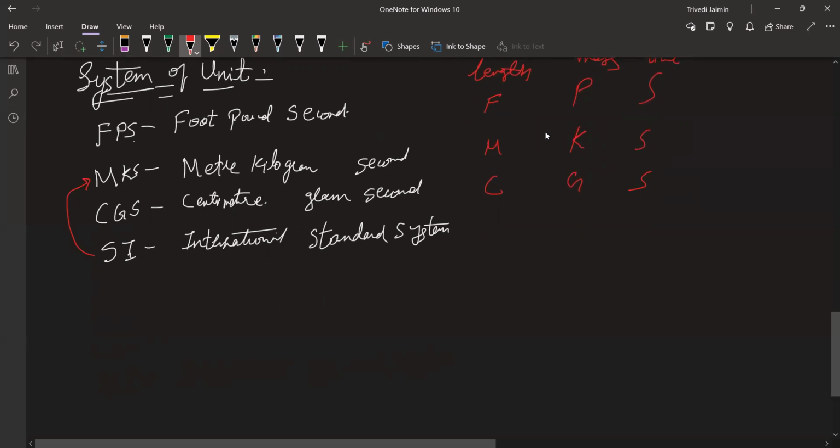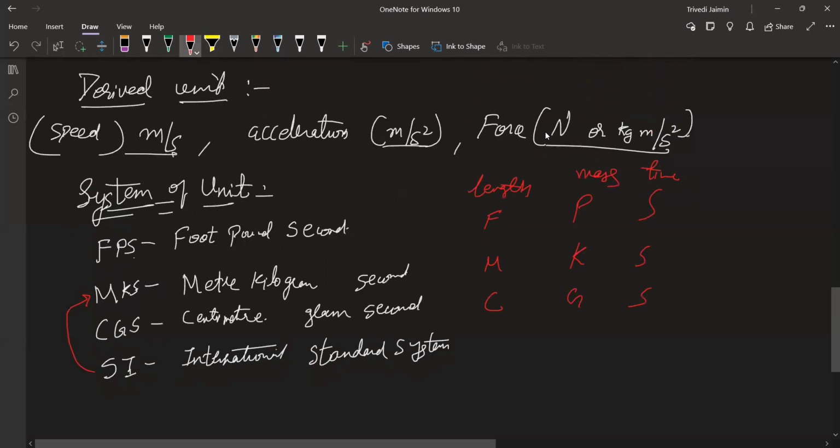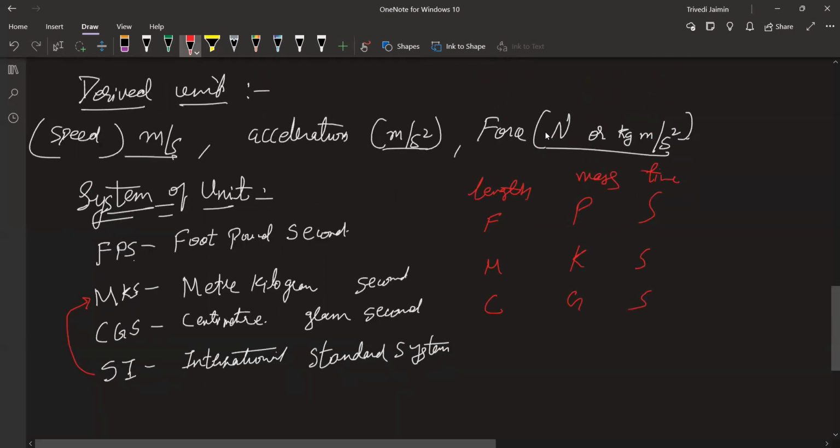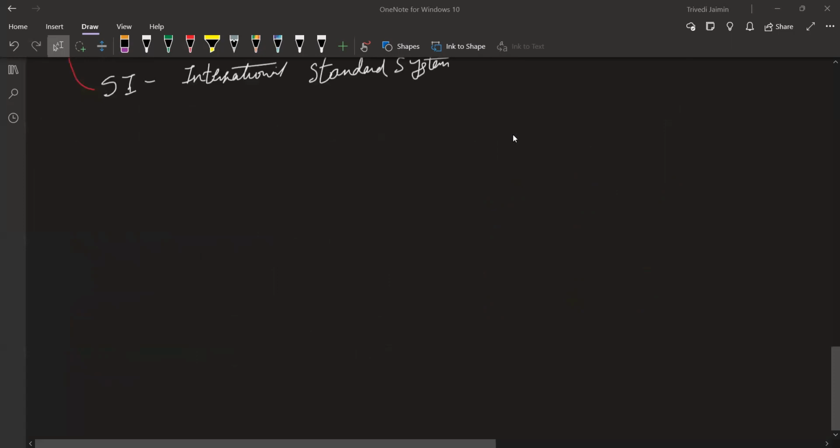Done? Yes, sir. Okay, let's go to the next. Let's write some base quantities. Mass: it is kilogram.